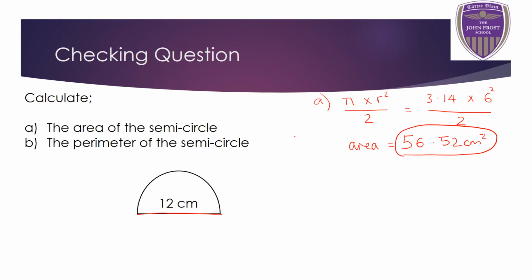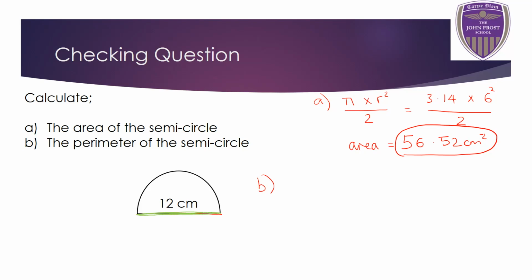Perimeter for section B is slightly harder, but we can still figure it out, no problem. I'm just going to change the color so you can see the difference. The perimeter is the distance all the way around the outside of the shape. So this semicircle has 2 sides.